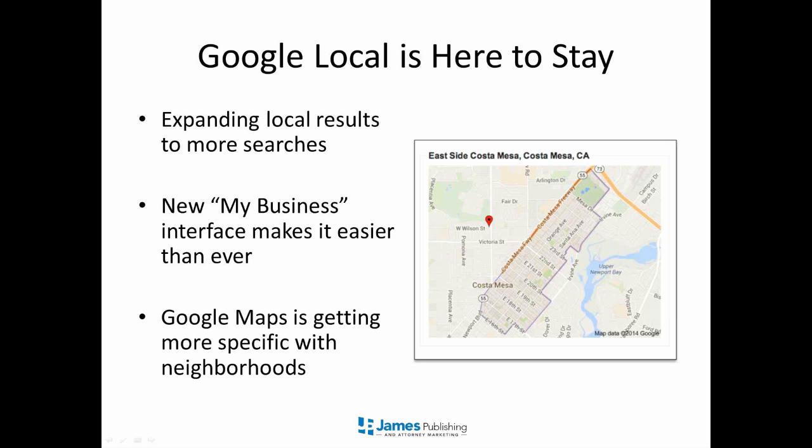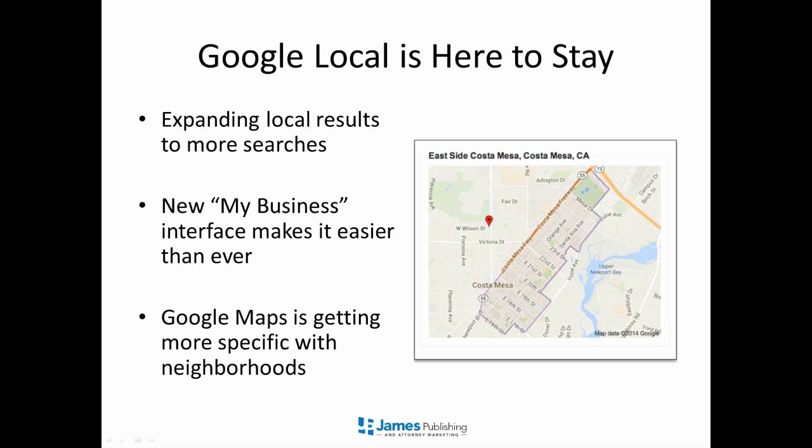And then finally, a recent development in Google Maps is that they're getting more specific with neighborhoods. The picture on the right is of the city that we're from at James Publishing, Costa Mesa in California. But if you notice, it's actually a small section of Costa Mesa that's showing up in Google.